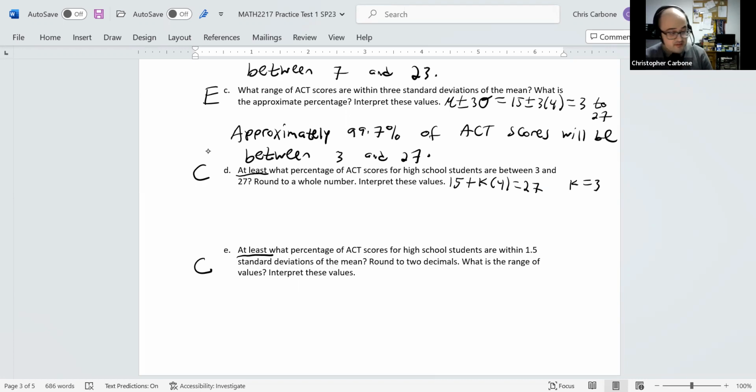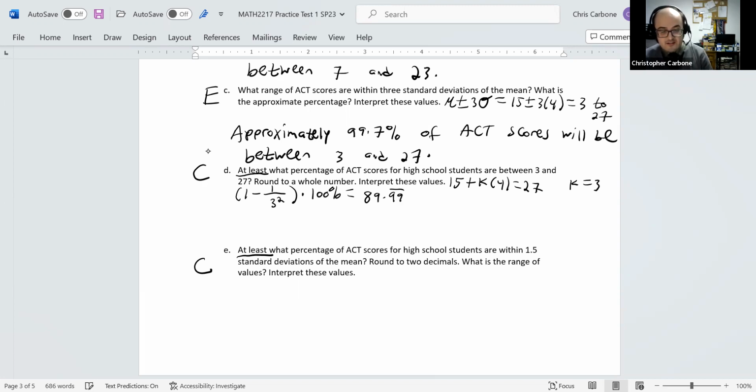Using Chebyshev's inequality, this will be 1 minus 1 over 3 squared, times 100%. So 1 minus 1/9 times 100%. So 1/9 is 0.11111 repeating. So 1 minus that times 100% will make 89.9999 repeating percent.